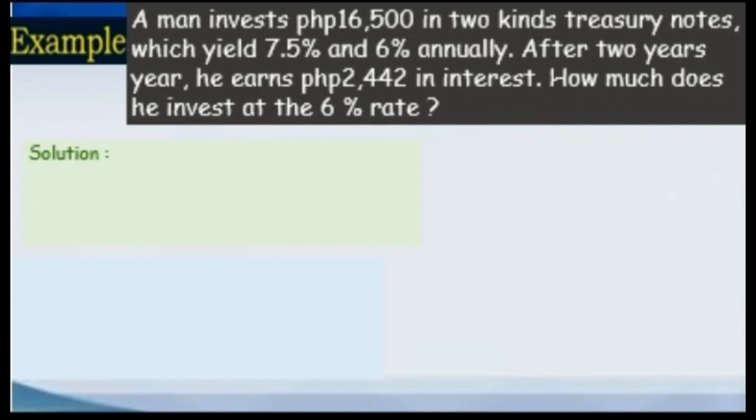Okay, our next example. A man invests 16,500 in treasury notes which yield 7.5% and 6% annually. After 2 years, he earns 2,442 in interest. How much does he invest at the 6% rate? So solution, let X be the amount invested at 6% rate.